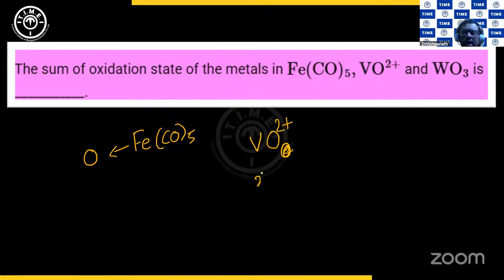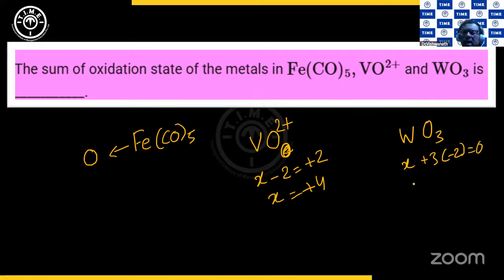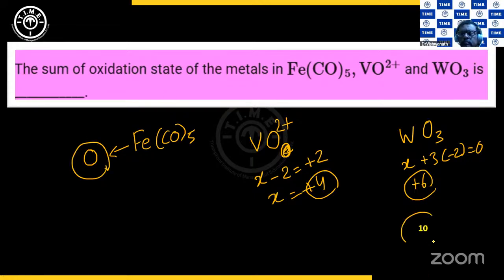So V is X, oxygen is -2, and that whole thing is equal to +2. So X is equal to +4. And then WO3, tungsten. So X plus 3 into -2 is equal to 0. So X is +6. A +6 here, a +4 there, and a 0 there. Add up, it should be simply 10. The 4 and the 6 and the 0. Clear? Next question. I think this is one of the simplest ones.